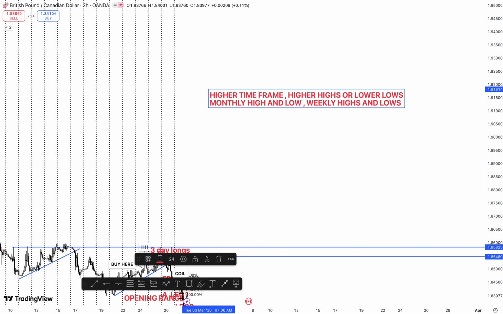We must identify previous month's weekly high, weekly low, monthly highs, monthly lows, yearly highs and yearly lows, because we want to position ourselves in a move that will invalidate the opening range, the high of month, high of year, high of week, high of day. These levels must be identified.